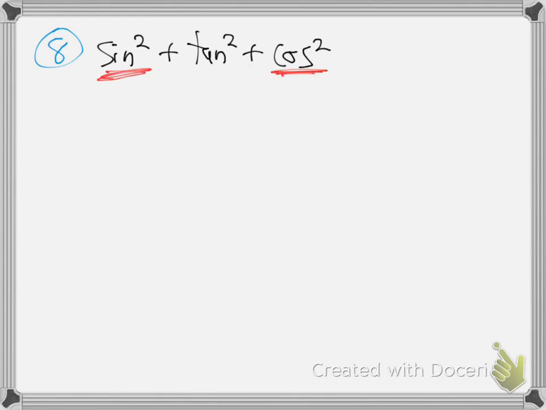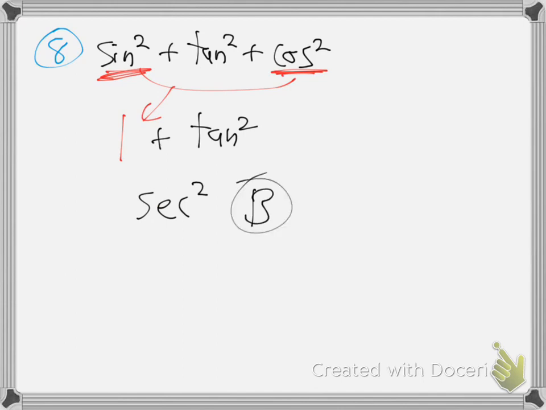Exactly. Whenever you see those guys together, they're 1, aren't they? And so then we bring that down, and it becomes 1 plus tangent squared, which is one of our properties, secant squared. Yes. Is that there? Nice. That's our favorite one so far. Yeah. Good. Is that good?